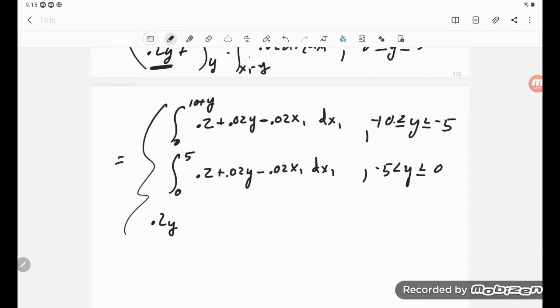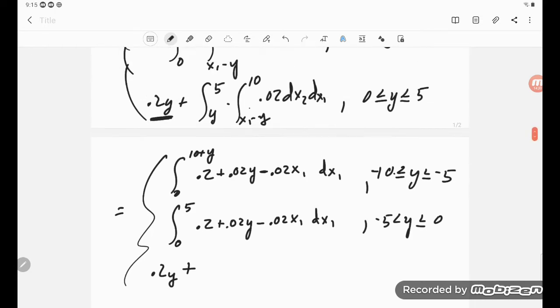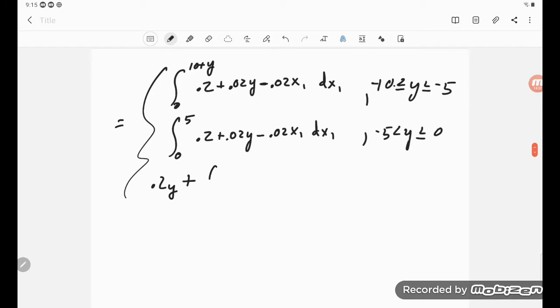Okay, so 0.2y, and then plus, y to 5, and that is my 0.2 plus 0.02y minus 0.02x1 dx1, for 0 less than y less than or equal to 5.